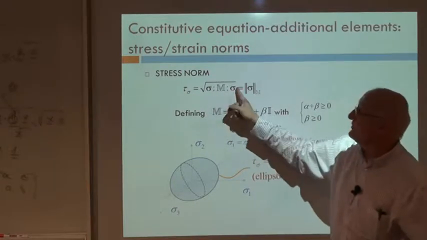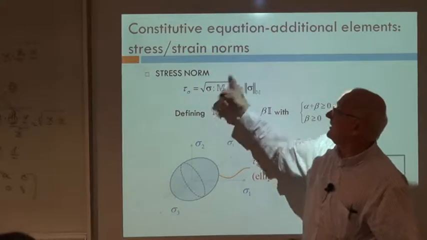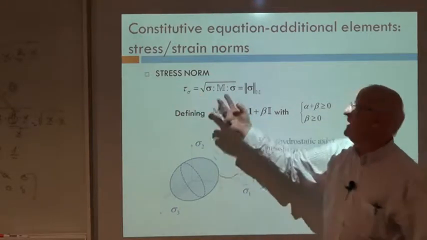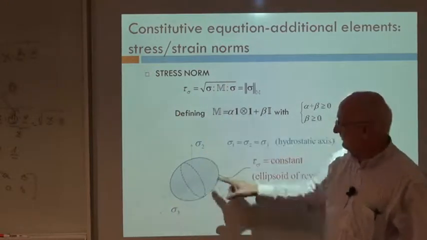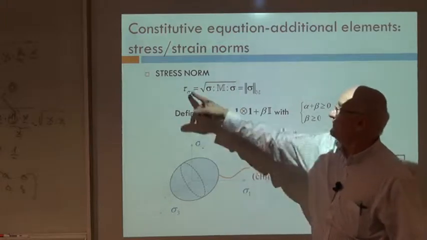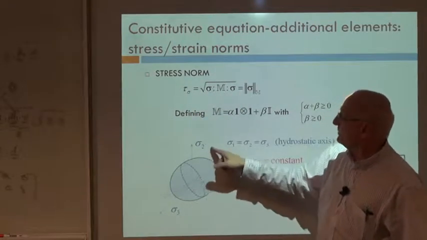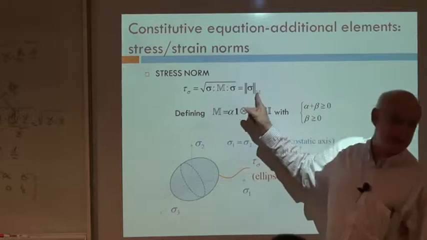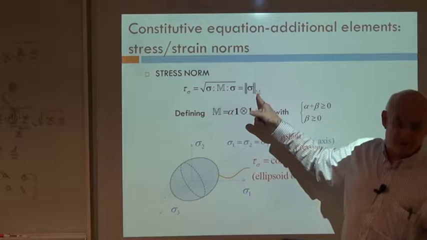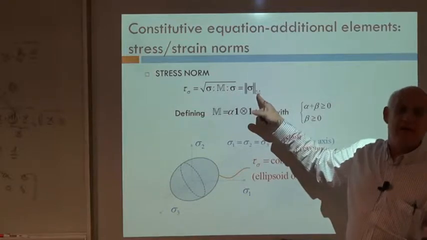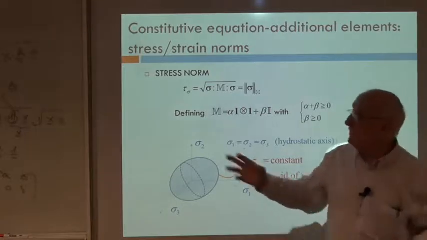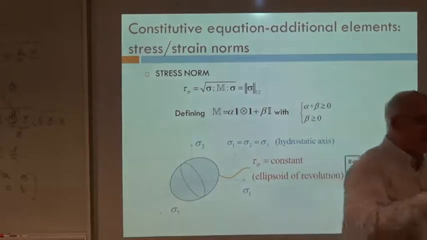So we can define this as a scalar, and we can take the square root, and this returns a result that we will term the distance from the origin to that point in the matrix M. If the matrix M is the unit tensor, then we will talk about a Euclidean distance. Okay, but if it's not, we can talk about a non-Euclidean matrix and non-Euclidean distance.